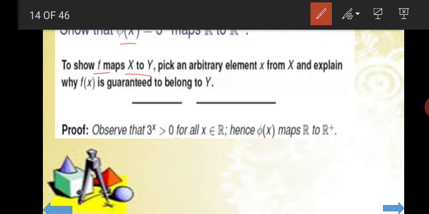Observe that 3 to the x is greater than 0 for all x an element of the real numbers. Hence, phi of x maps R to positive R.